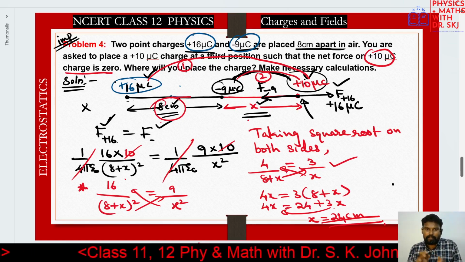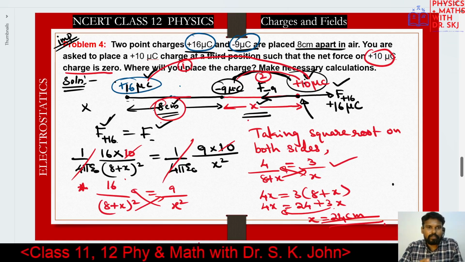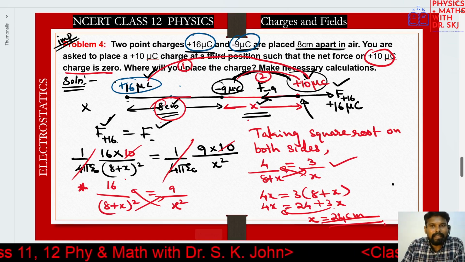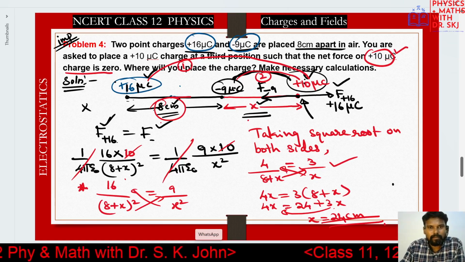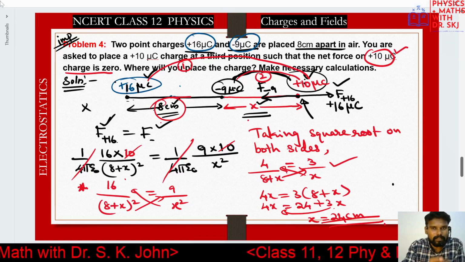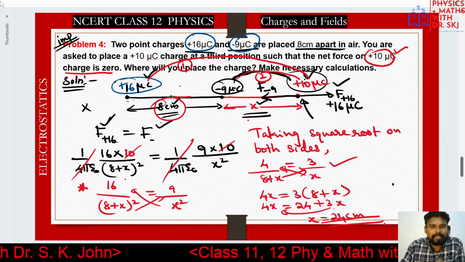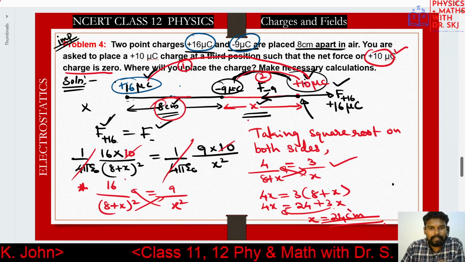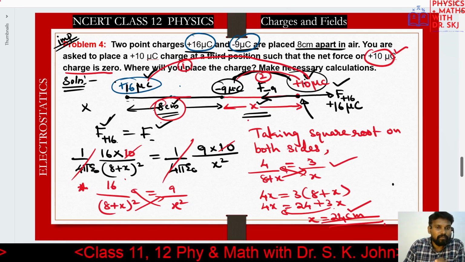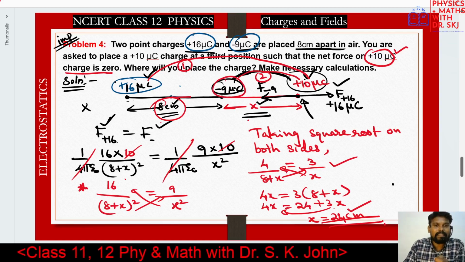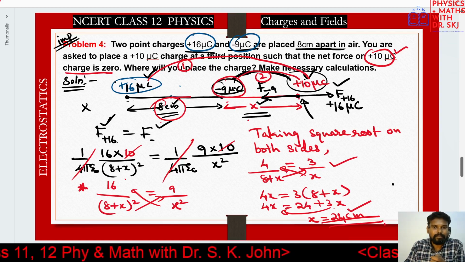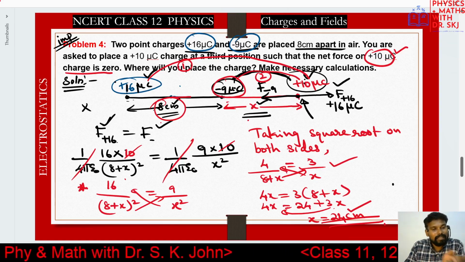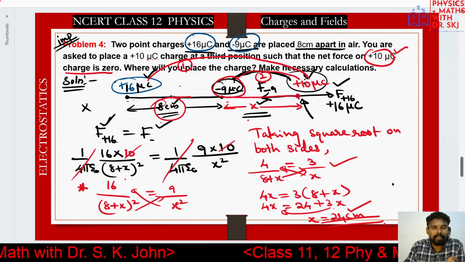What did we get? And you have to write the answer like this. The plus 10 microcoulomb charge given, the third charge, should be placed at a distance of 24 centimeter from what? From this minus 10 microcoulomb charge. And what should be the distance from the plus 16 microcoulomb charge?